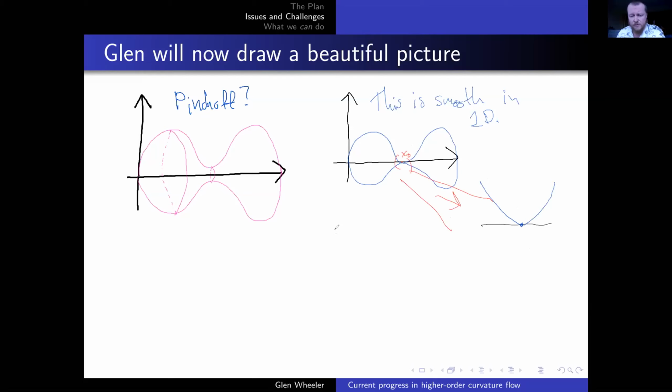We'll find something like du/dt equals a function f of x0, multiplied by minus u and four derivatives, plus a lot of lower order terms. Now we can choose this curve using the Taylor expansion such that this term is large.